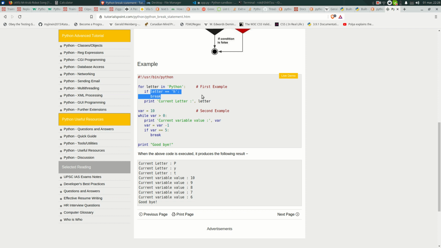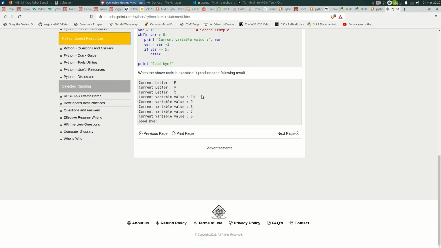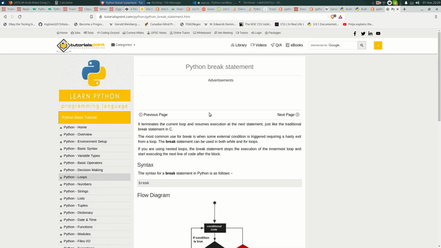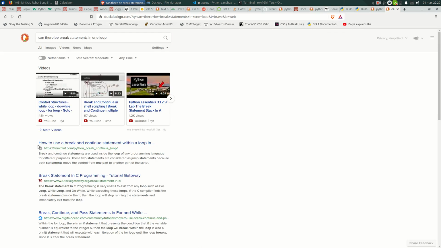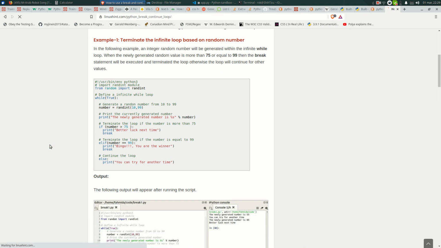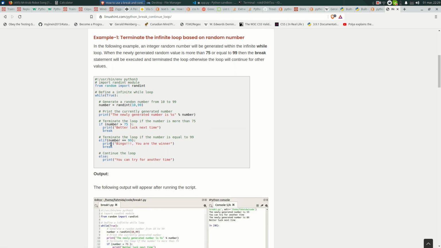Oh, like it completely stops it. And yes, it should completely stop it. And we can see, can there be two break statements in one loop? Break, break, break. Yeah.